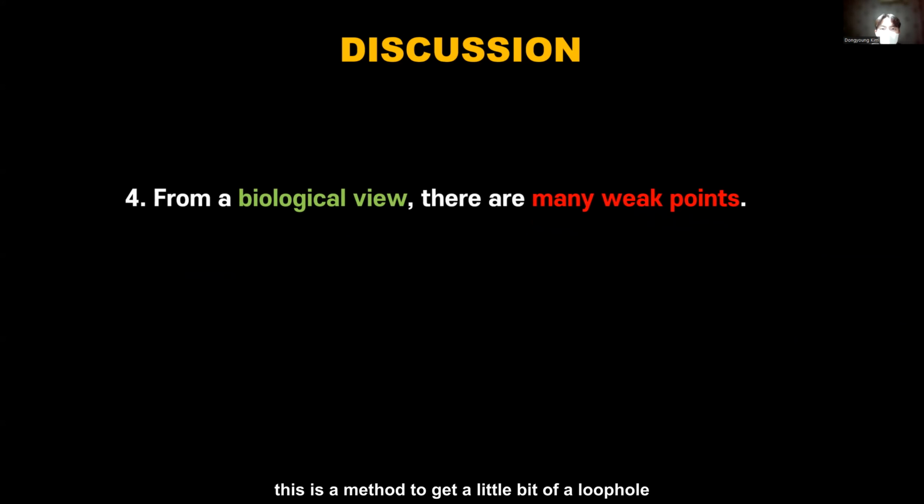And finally, this is a method that could leave a loophole and invite a lot of criticism from a biological perspective. At first glance, it can be misunderstood that phenotypes can be known by genes, but I'd like to tell you that this is absolutely not the case. It's definitely neither support for genetic determinism nor the misconception that phenotypes can be explained by genotypes alone.